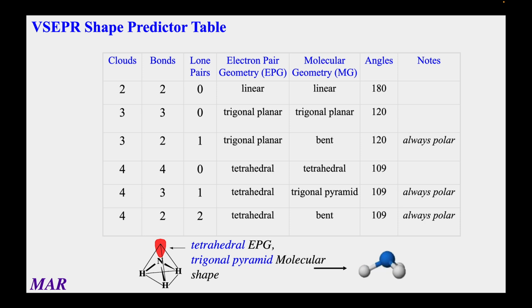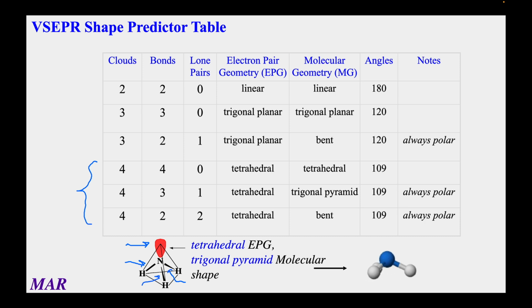If you look at this structure in the lower left, ammonia has 1, 2, and 3 bonding pairs to the hydrogens, and it also has a lone pair on top, that red thing. So we would say that ammonia has a total of 4 clouds, and in the bottom of this are the 3 possibilities you can have when you have 4 clouds of electrons.